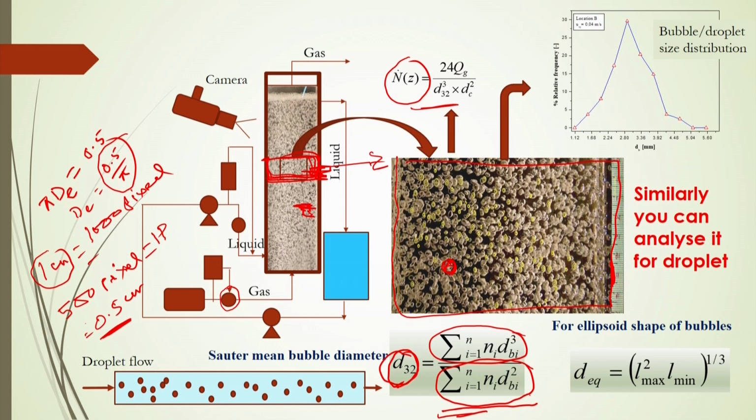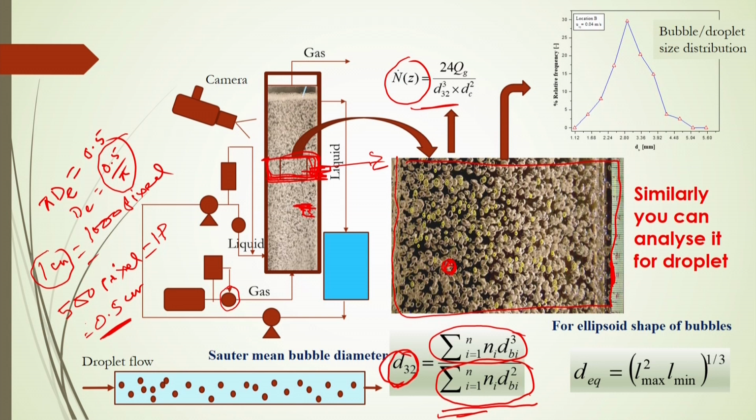So you just classify this bubble size range into 10 classes, like 0.1 to 0.3 is one class, 0.3 to 0.6 is another class, 0.6 to 0.9 another class.